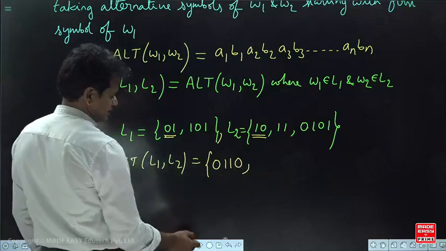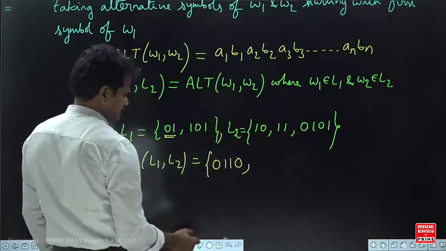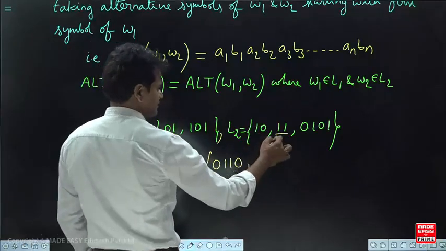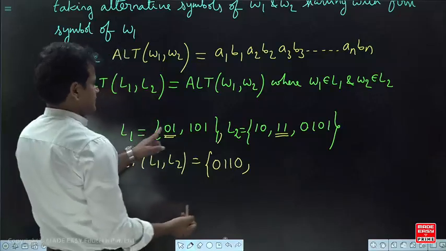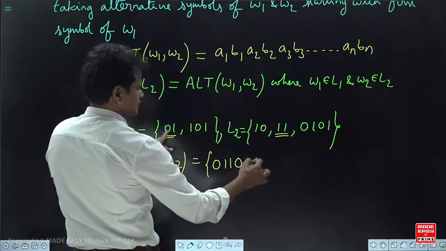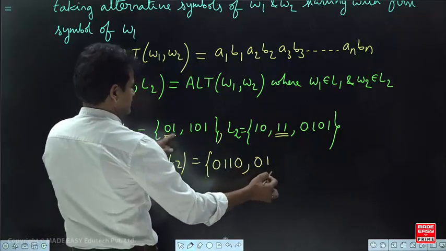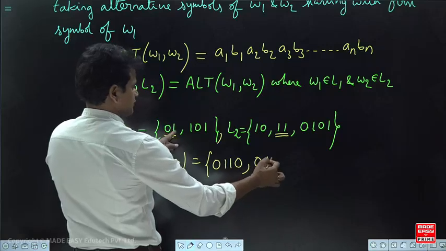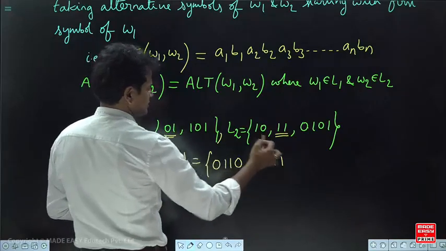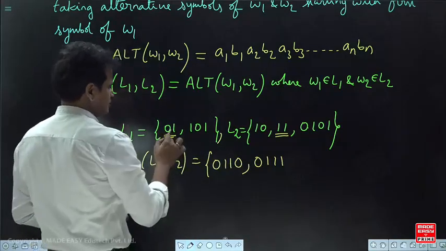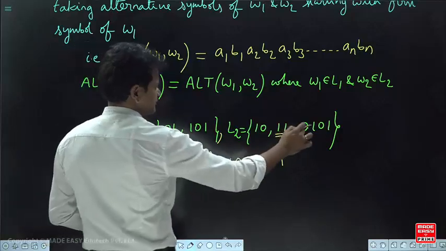Done. Next, here one more string is there of length 2. Take first symbol of this string 0 and first symbol 1. Second symbol of this 1 and second symbol. Okay, done.